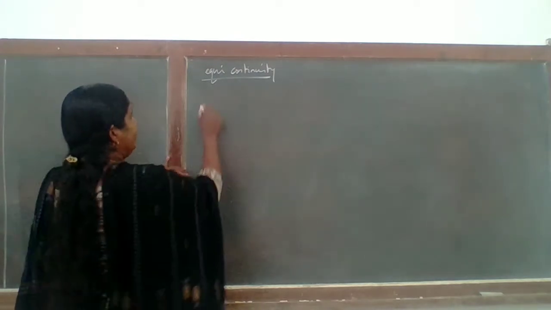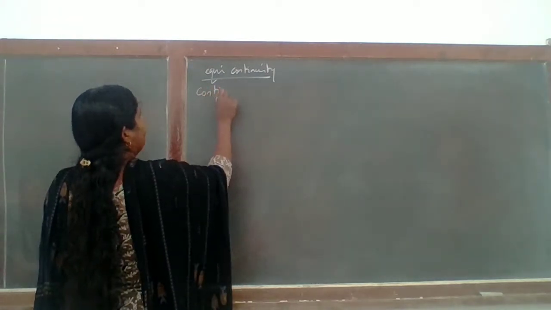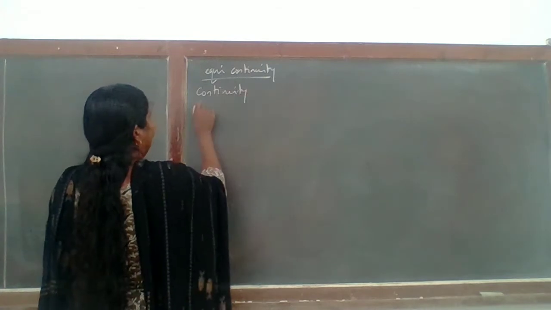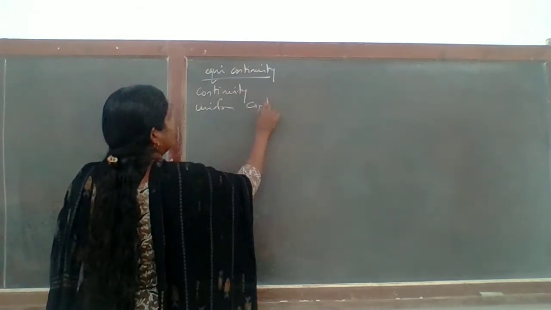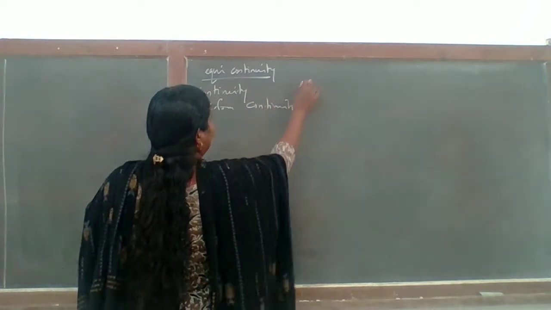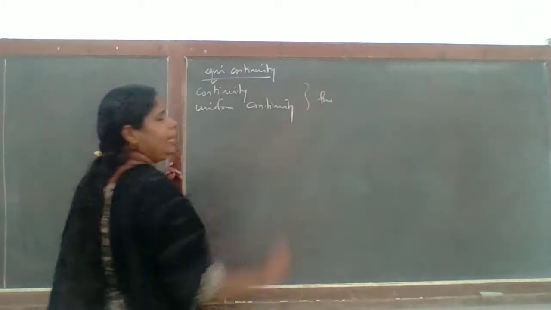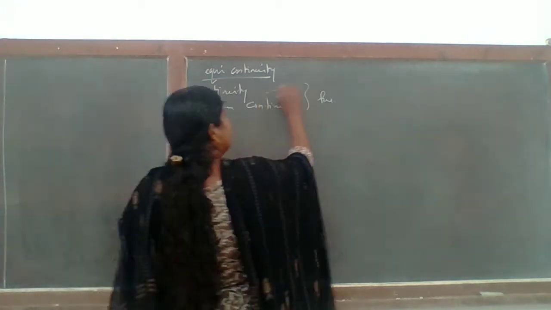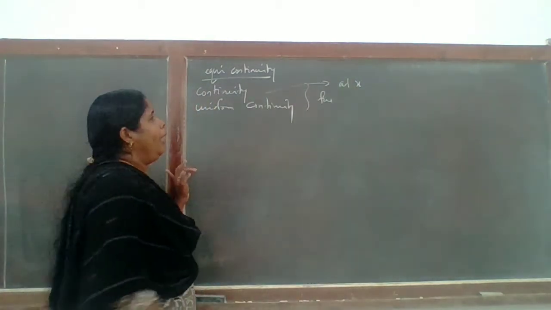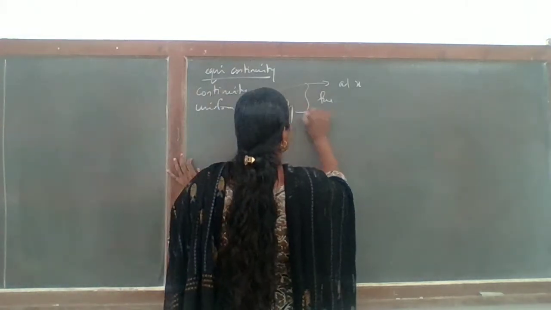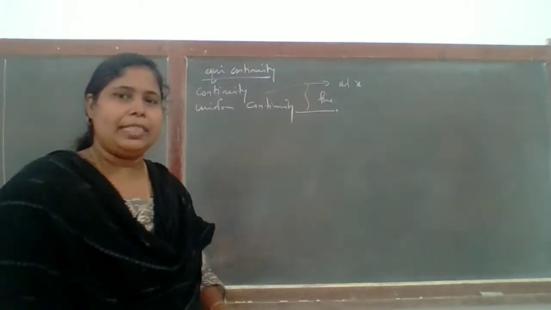So we have defined continuity, uniform continuity of functions. Okay, so continuity means at some point x in the domain, and uniform continuity is for a collection of points or a set of points.